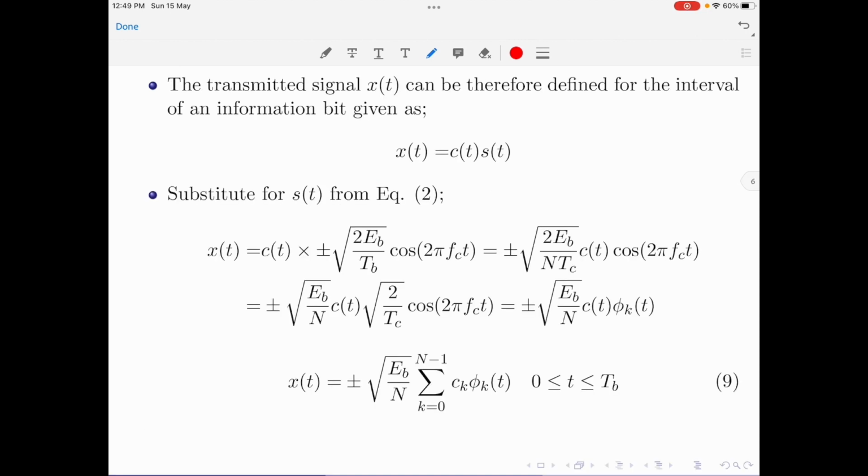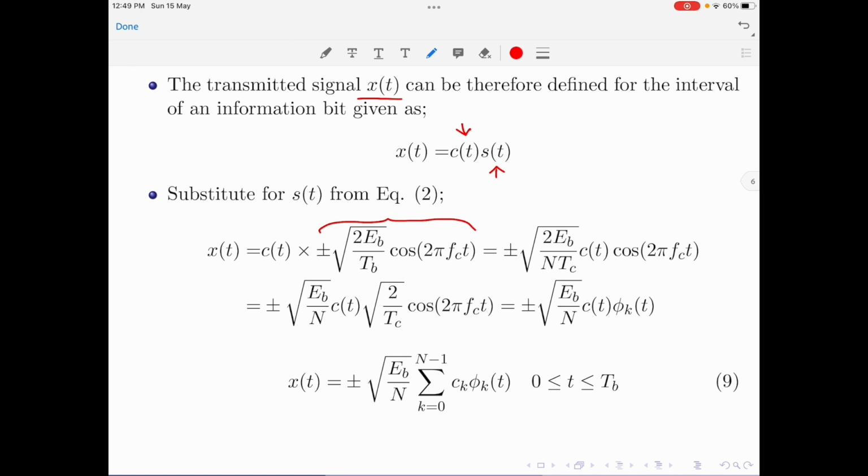We have previously given the expression for the transmitted signal of the DS-BPSK system, which is x of t, and is given by c of t, which is our PN sequence, multiplied with s of t, which is our BPSK modulated signal. Let us now substitute for s of t from equation 2. So, x of t becomes c of t multiplied by s of t, that is the binary PSK modulated signal.